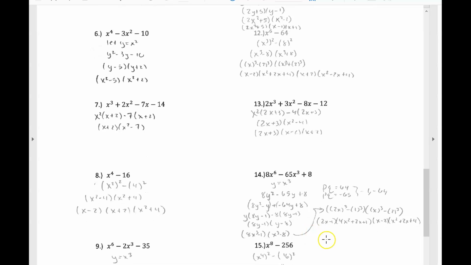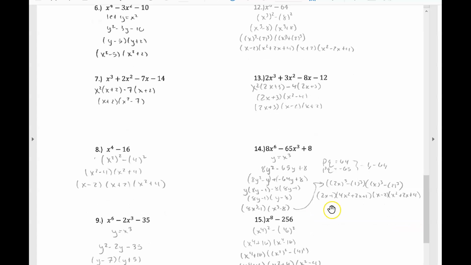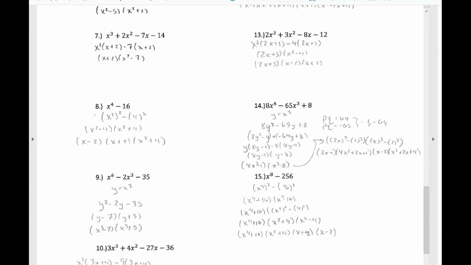For 14, I got 2x minus 1 times 4x squared plus 2x plus 1 times x minus 2 times x squared plus 2x plus 4. And then the last one, I got x to the 4th plus 16 times x squared plus 4 times x plus 2 times x minus 2.